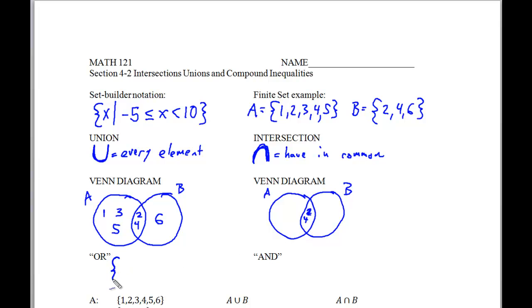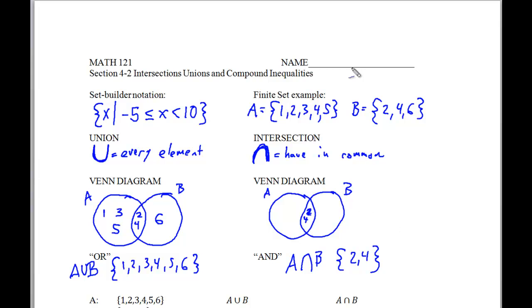So the answer for A union B is going to be 1, 2, 3, 4, 5, and 6. The answer for A and B is going to be 2 and 4.